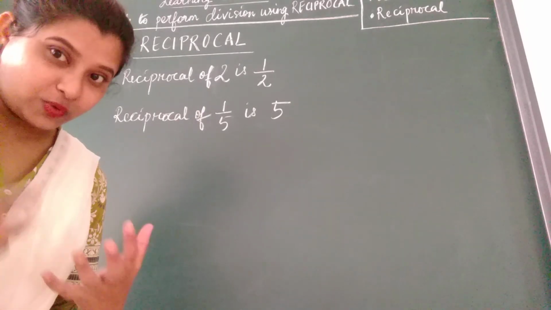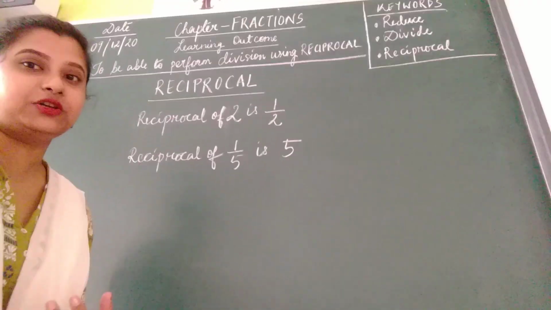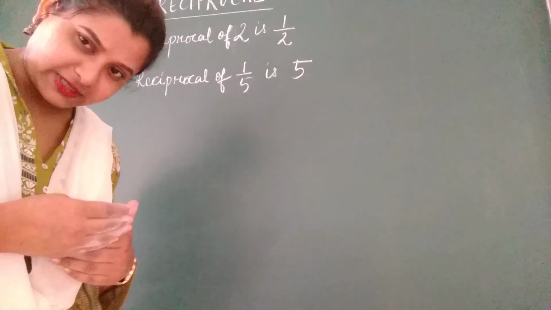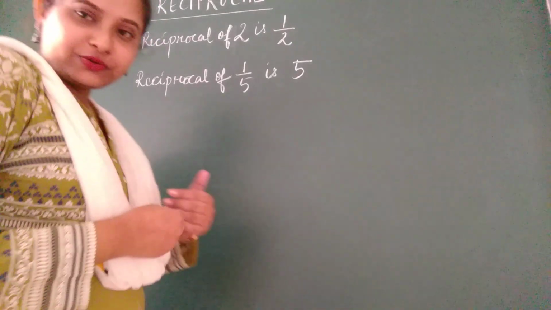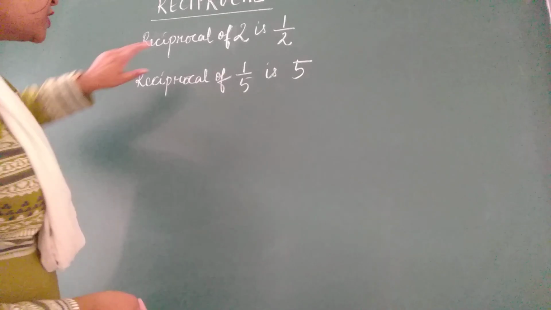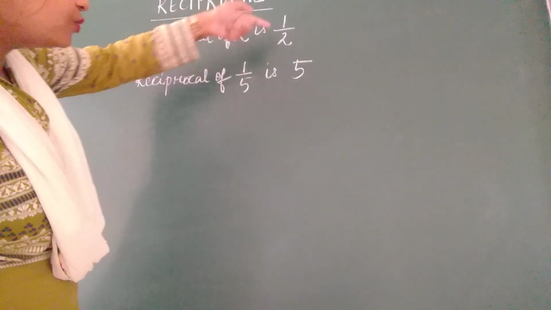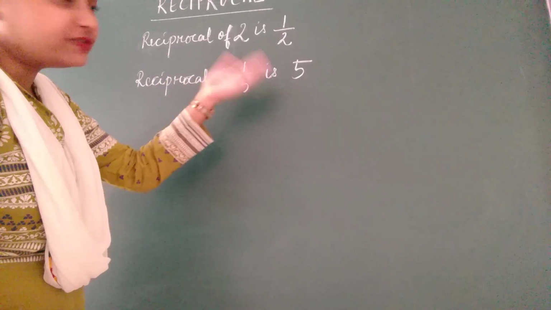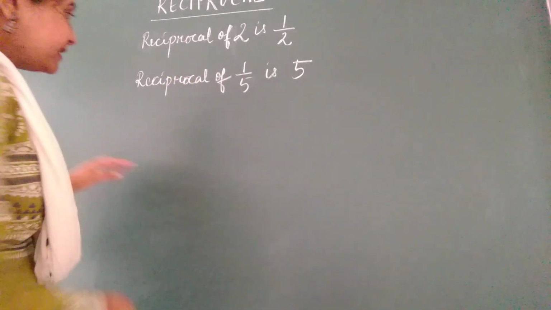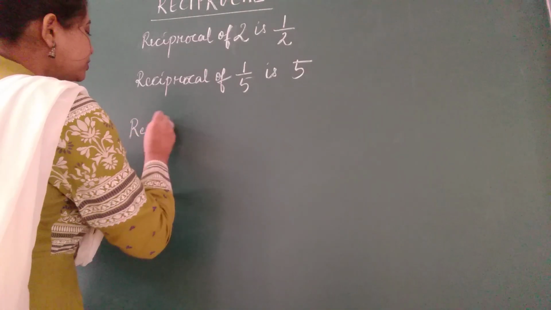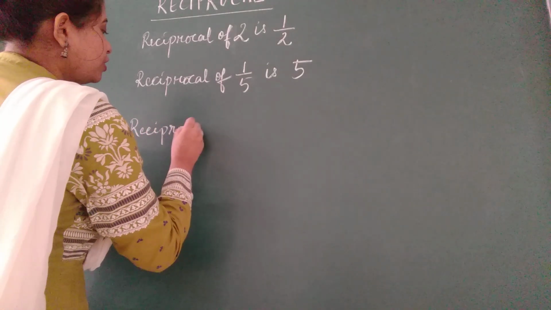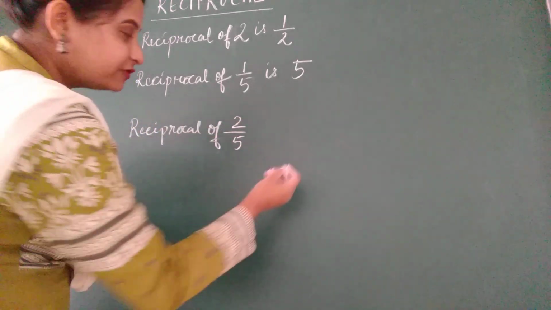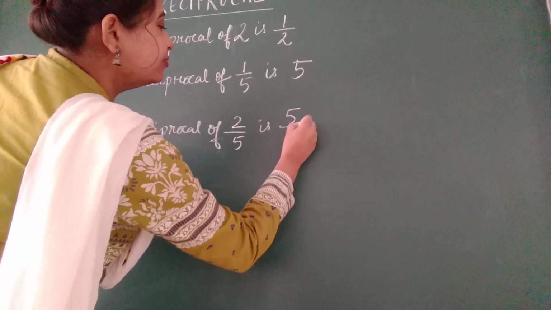Now let us understand what is reciprocal. See, the topic is reciprocal. So reciprocal means reversing the number. Alright, we are just going to reverse the numerator and denominator. So reciprocal of 2 is 1 by 2. Alright, and reciprocal of 1 by 5 is just reverse it. We get 5. Now if I say reciprocal of 2 by 5, the reciprocal of 2 by 5 is 5 by 2.